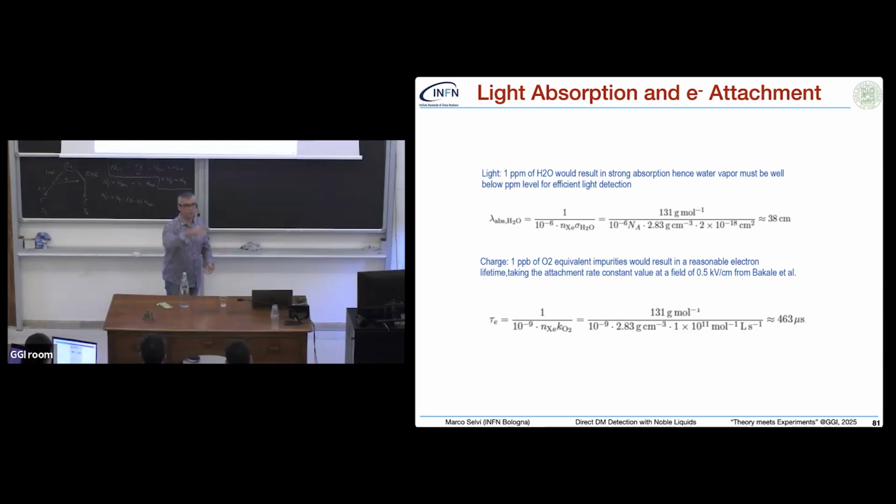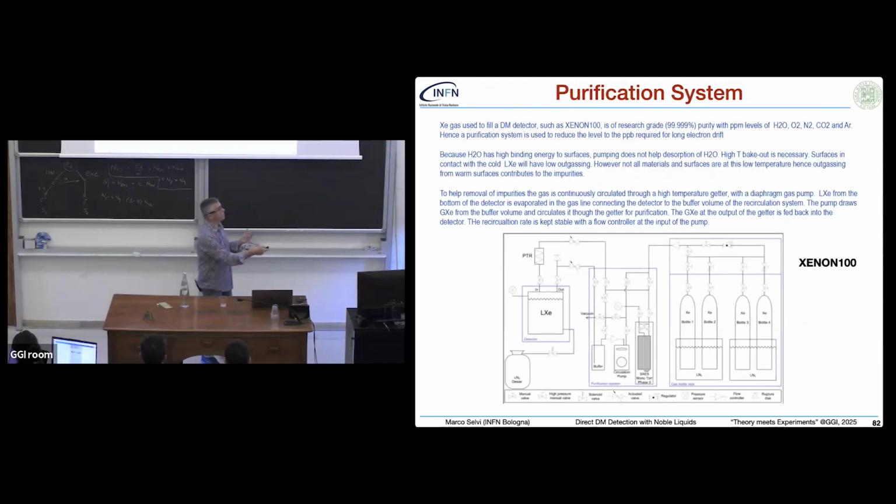I told you that the drift that we need is of the order of milliseconds. So again, we need to do better than this, otherwise our electron cloud will be reduced very much before reaching the collection point. So these are the challenges, and these are faced with continuous purification of your target.